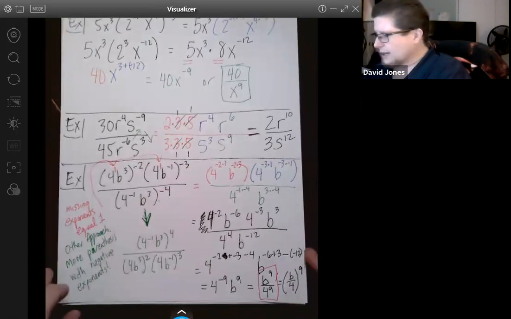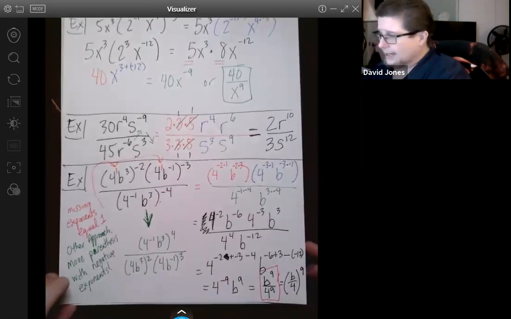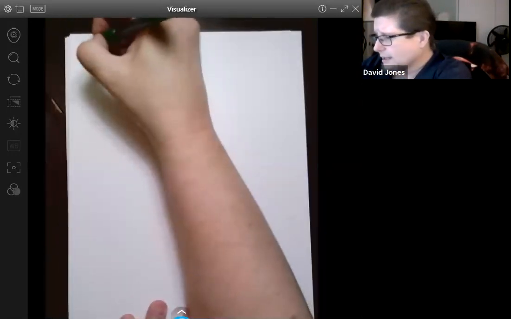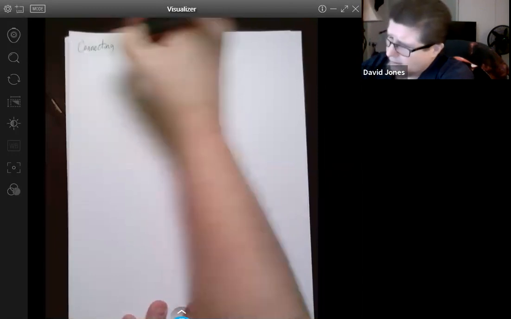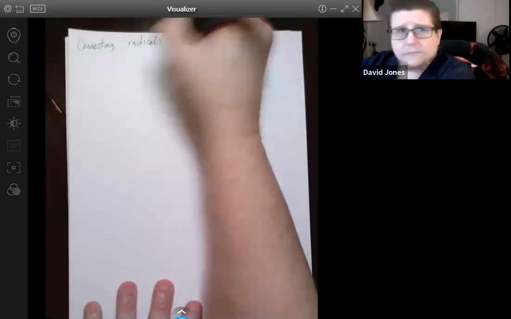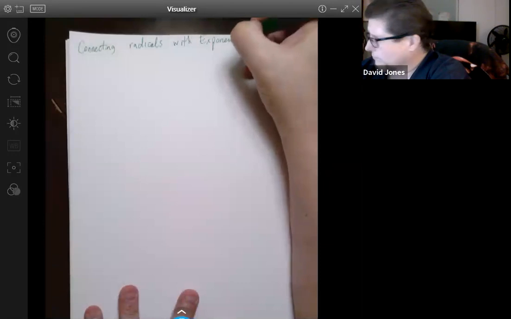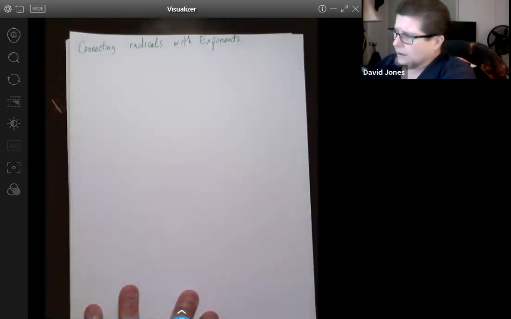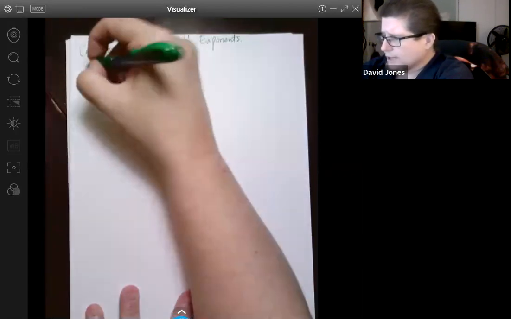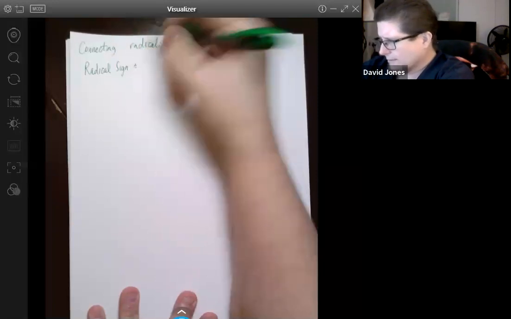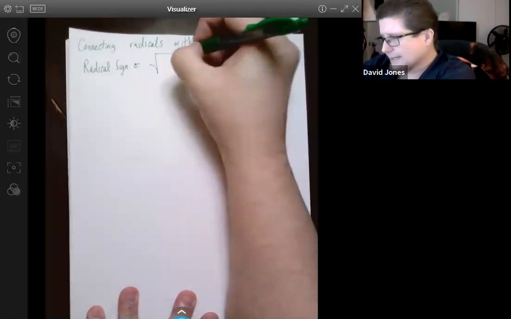So let's illustrate where radicals and exponents tie in, and I'm going to show you by using an example. So this is on connecting radicals with exponents. So the radical sign is that.